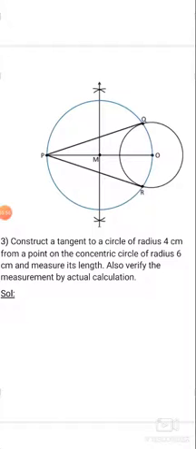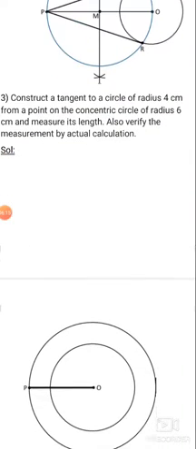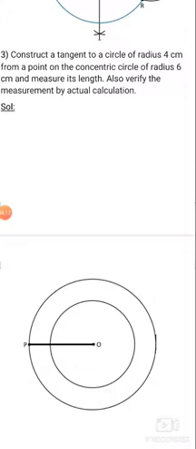What do you mean by concentric circle? Two circles having the same center. First circle having the radius 4 cm, second circle having the radius 6 cm. Now we need to draw that two circles. So OP having this length what? 6 cm.